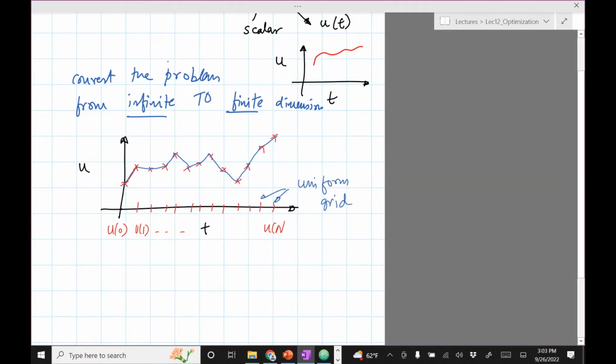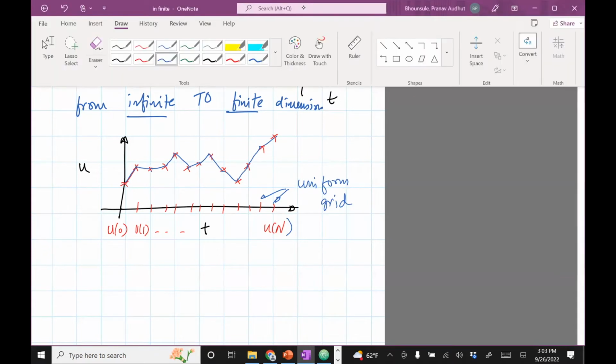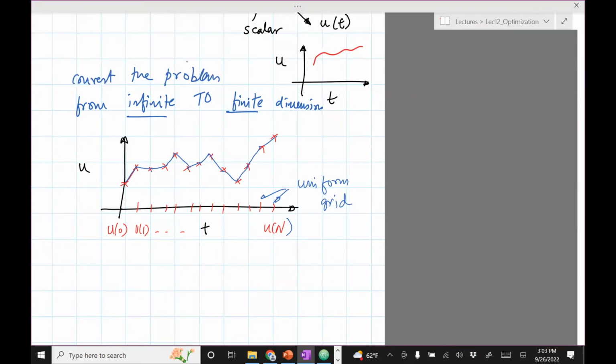And then you can see that as n goes to infinity, you will recover the true solution, right? Because then it becomes an approximation to that curve, which I showed over here. But clearly, you don't solve it for infinite points because then you just can't handle it.